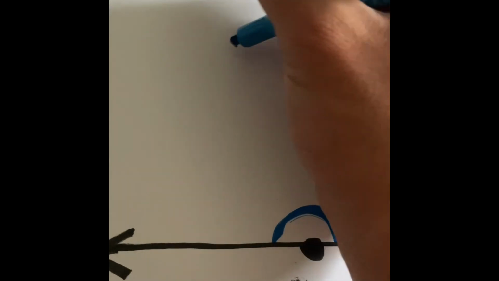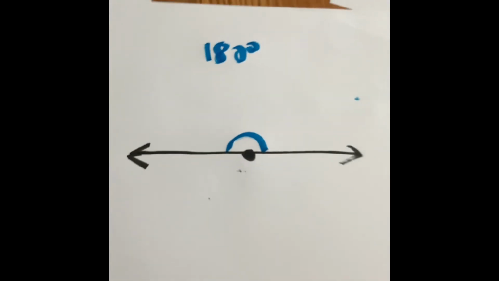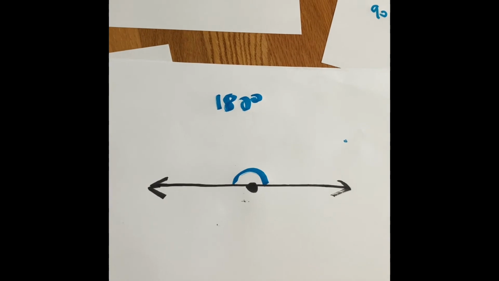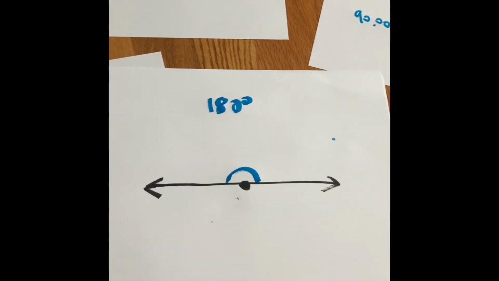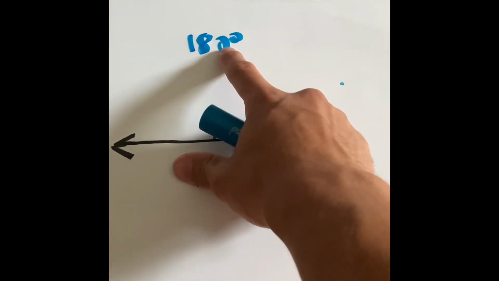In that case, if it's 180 degrees, it means that this is called a straight angle, or a straight line. Well, it doesn't look like an angle, so we'll just call it a straight line. Straight lines are 180 degrees.